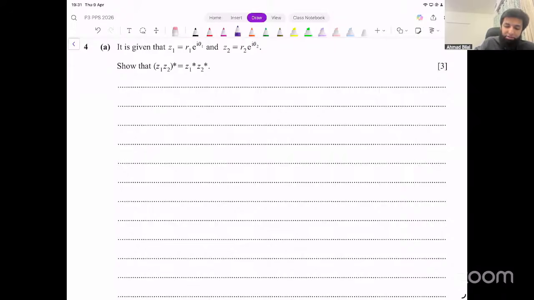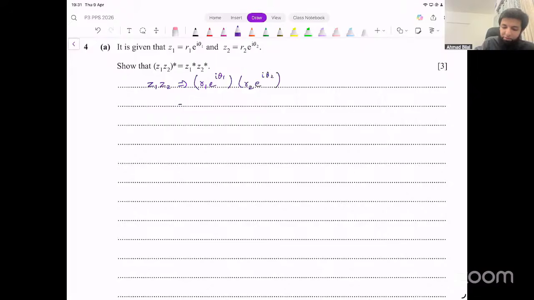Let's start with the left-hand side. On the left side, you've got z1, z2, and then whole conjugate. Can we evaluate z1 into z2 first of all? Let's multiply these two. What would that be? R1 into R2 get multiplied. R1 e raised to power iota theta 1 times R2 e raised to power iota theta 2.